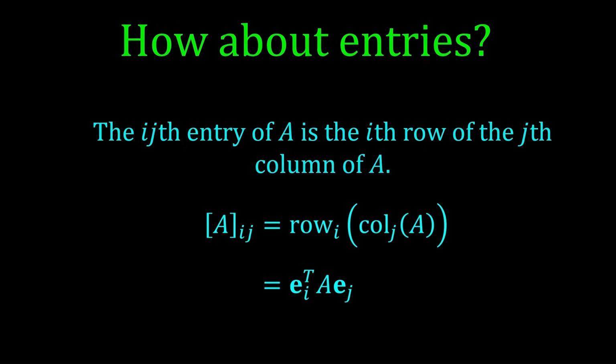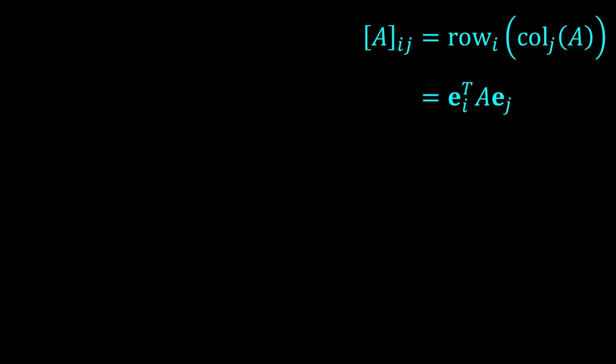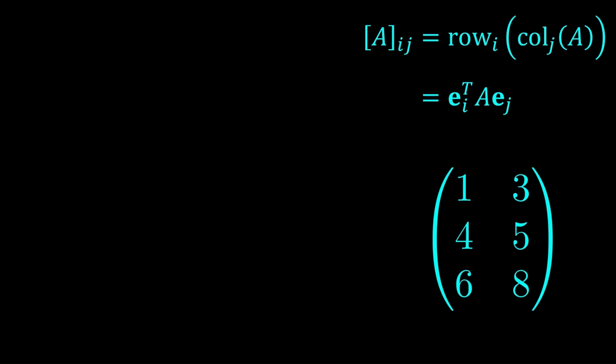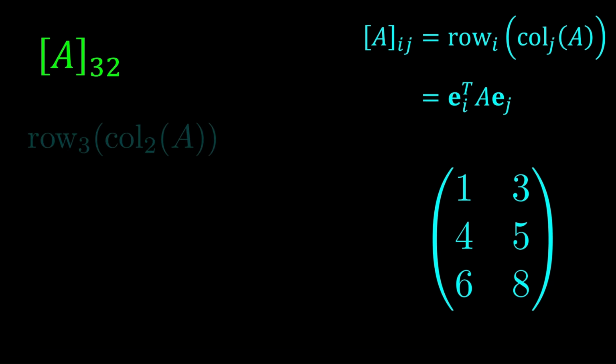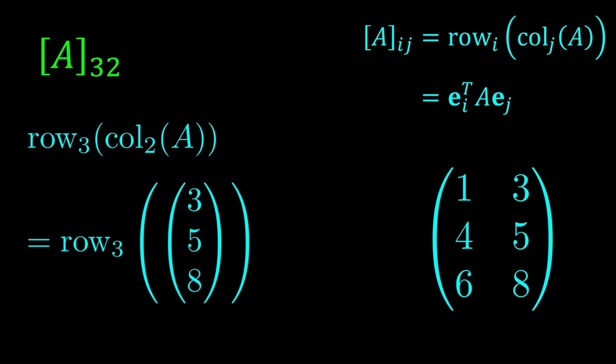But if you want to see an example of how this works, take this matrix here, and we're after the entry in the third row and second column. That would be the entry 8, right? So if you do the row column thing here, you get the third row of the second column, which is the third row of the vector (3, 5, 8). But the third row of that vector is, well, 8, right? So you can see it does work.